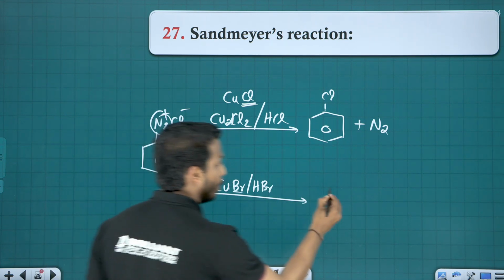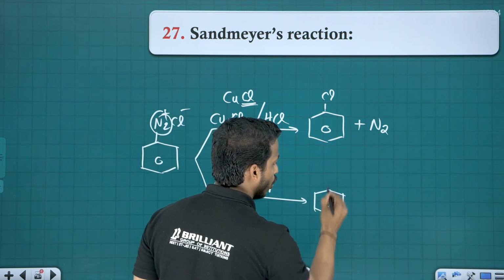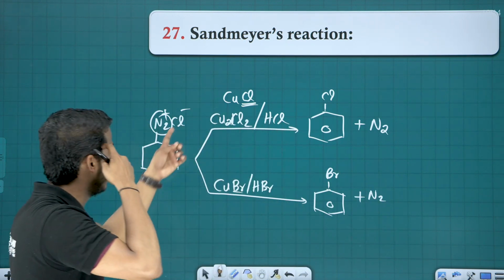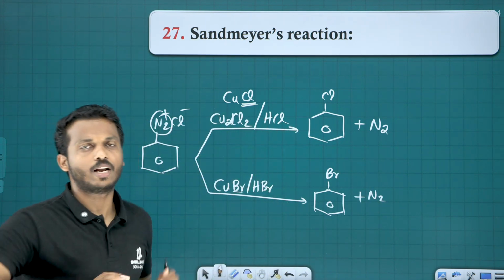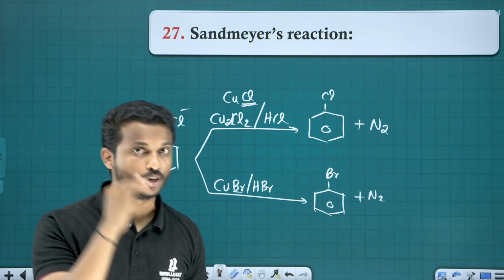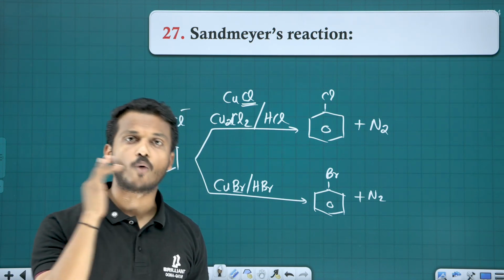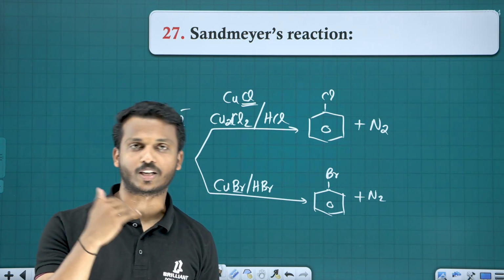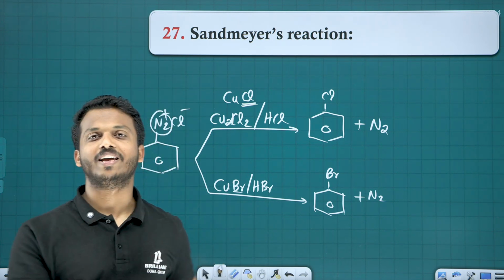Then bromine comes to the place, that's called bromobenzene along with the nitrogen. Okay, and this Cl minus will also be there. This is enough. So conversion of benzene diazonium chloride to chlorobenzene or bromobenzene by treating with CuCl and CuBr respectively is known as what? Sandmeyer reaction.